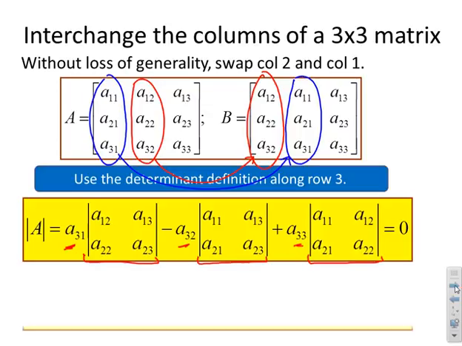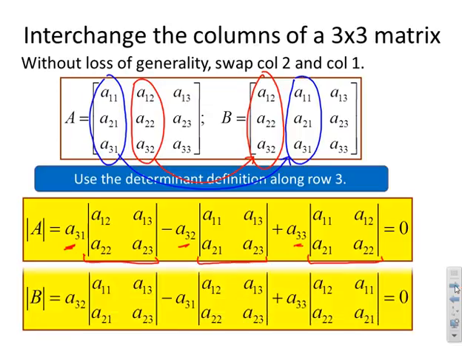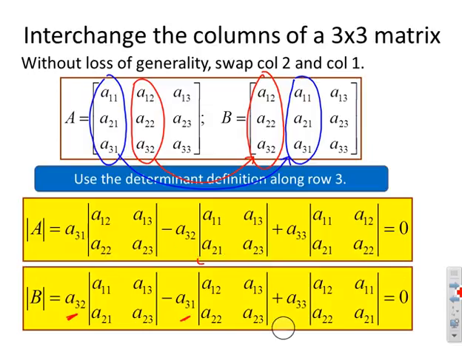And now I'm going to do the same definition for B. But you'll notice a subtle difference: now I start with A32 because that's the bottom left coefficient, and then I've got minus A31 and so on. Now what I've got to do is look at these two forms. I'll erase some of these red markings so they don't get in our way, because we want to compare these two expressions and see what it tells us.